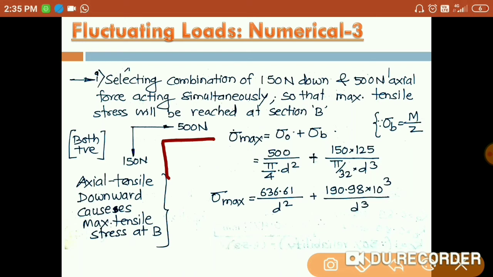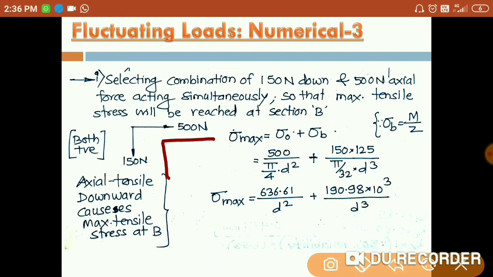Sigma o is force upon area, area is pi by 4 d square, and sigma b is M by Z. M is 150 into the perpendicular distance, 125, and Z is pi by 32 d cube. So this is how we will get maximum stress. Pi by 4 d square, where d is the diameter, and pi by 32 d cube is the section modulus.